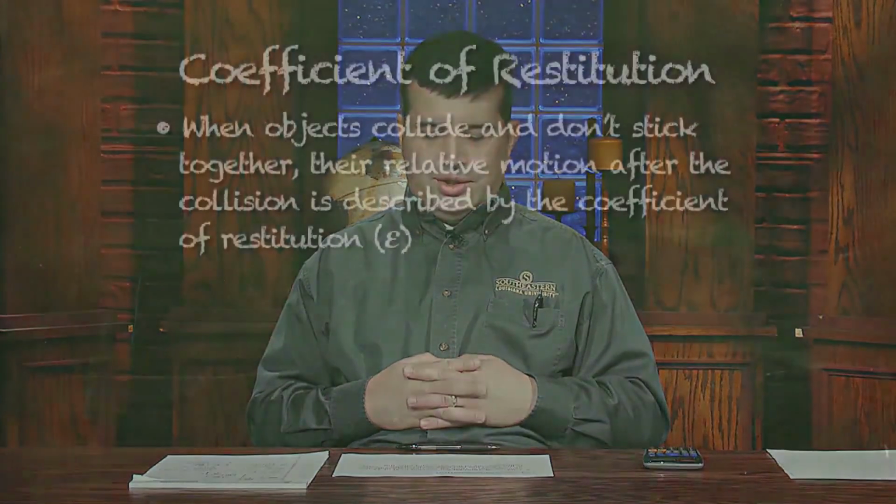Now, so far, you have been told that either the objects collided and stuck together, or you've been given the velocity of one of the objects after the collision. Well, using something called the coefficient of restitution between the objects, we can solve for questions where you don't know the velocity of either object after the collision.